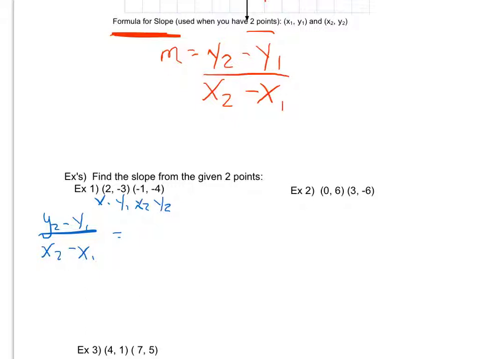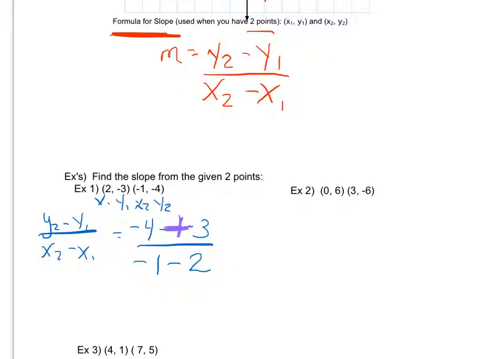Well, y2 I've already labeled, it's -4, minus my y1, which is -3, over x2, which I've labeled as -1, minus x1, which I've labeled as 2. Well, from here, I know that when I have minus a minus, that is going to become plus.